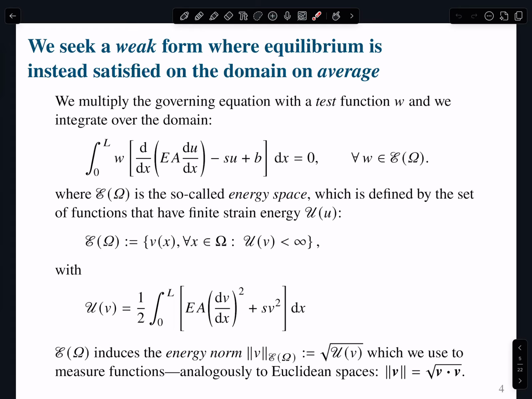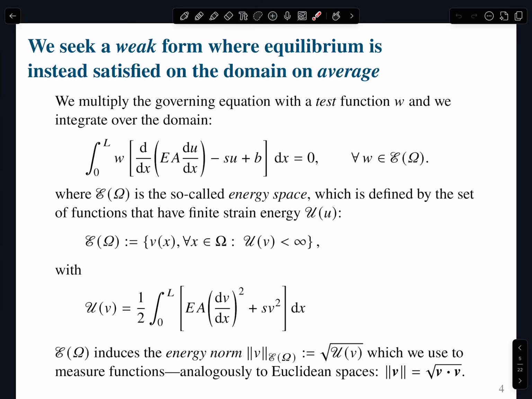So what mathematicians say is that the energy space induces the energy norm, and we write it like this, and the energy norm is simply the square root of the strain energy. And now I have a means to measure things, right?